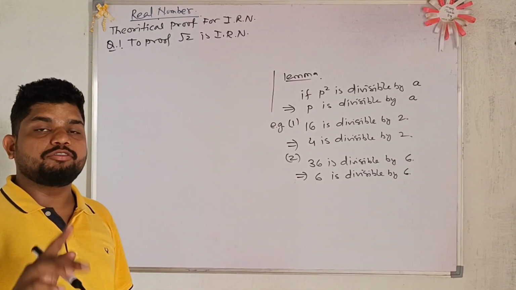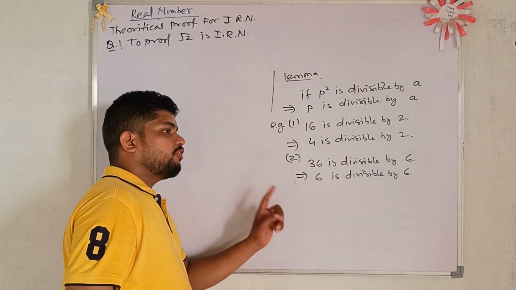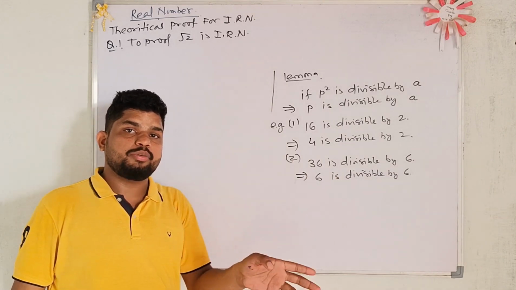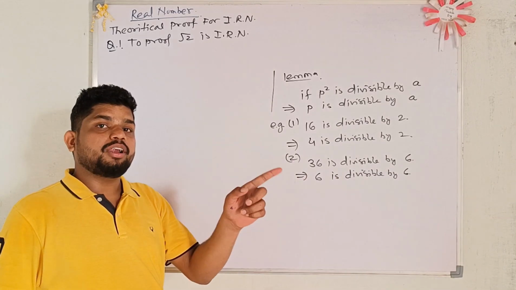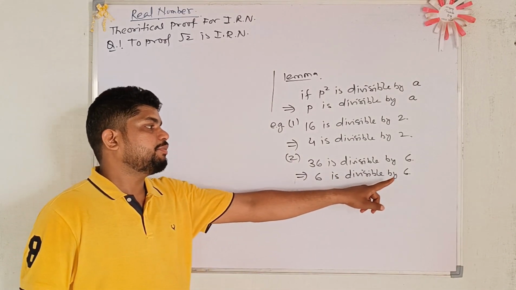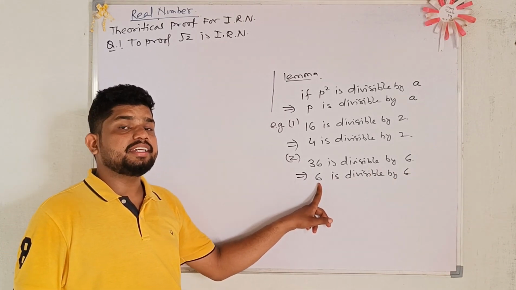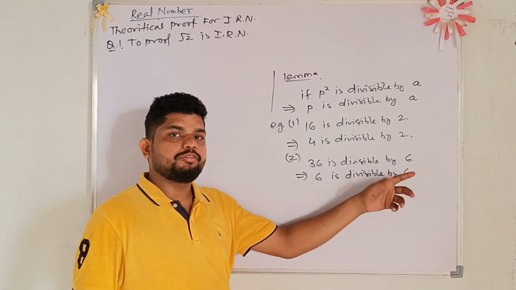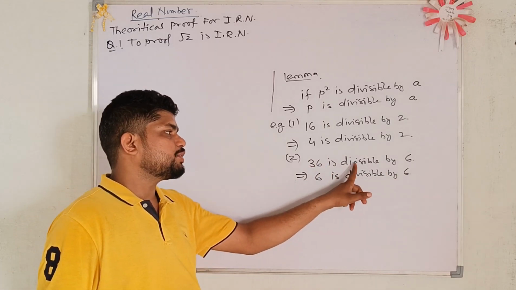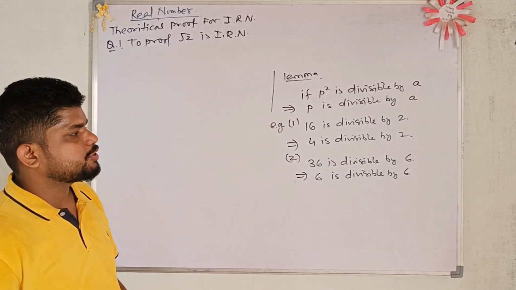Always remember that 1 and the number itself are always factors of a number. When we multiply 6 by 1, we get 6. So 6 is ultimately divisible by 6. So if 36 is divisible by 6, then obviously 6 is divisible by 6.